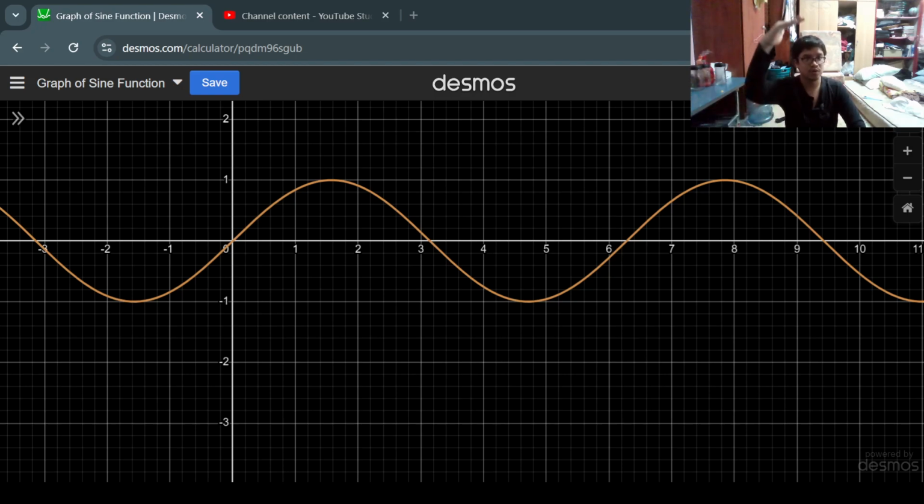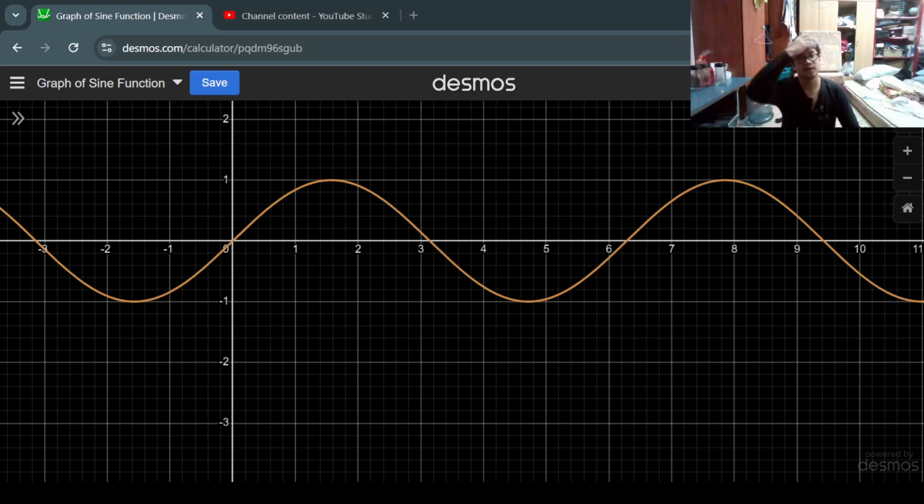When you go down, the minimum point is -1. After you reach -1, you go up again, and once you reach 1, you go down again. So there is a boundary, which means your range is between -1 and 1.